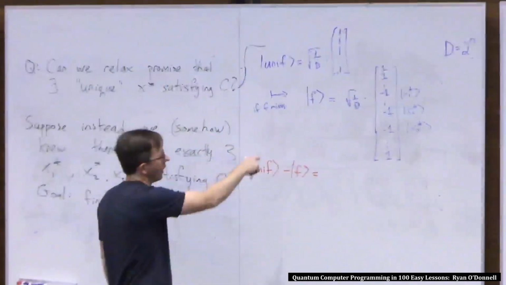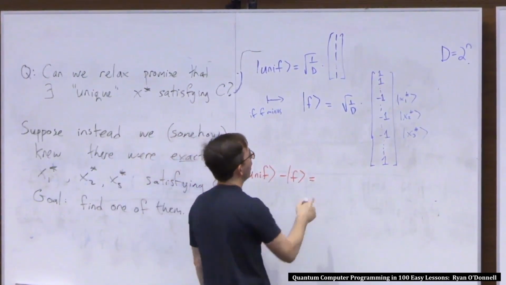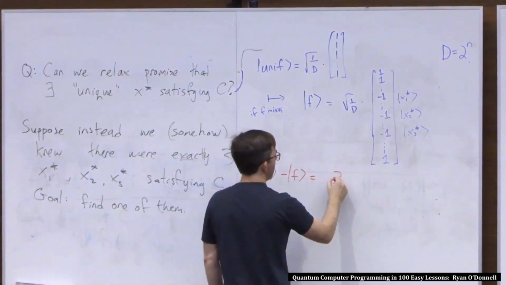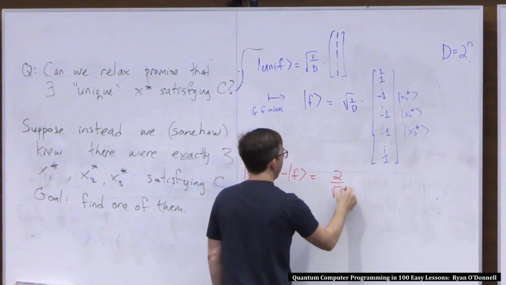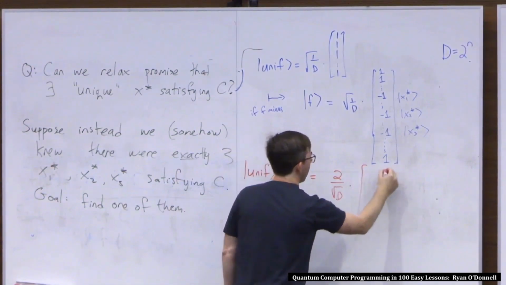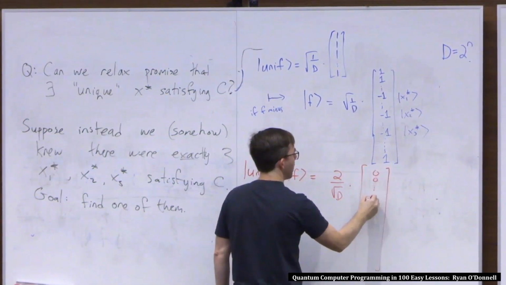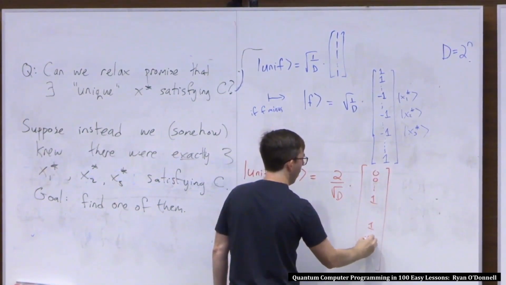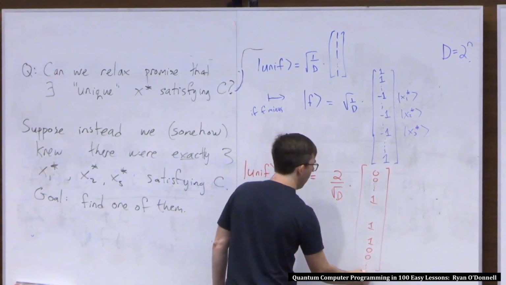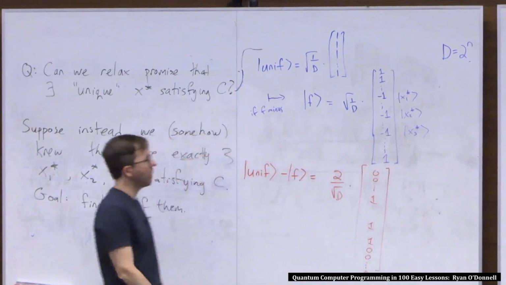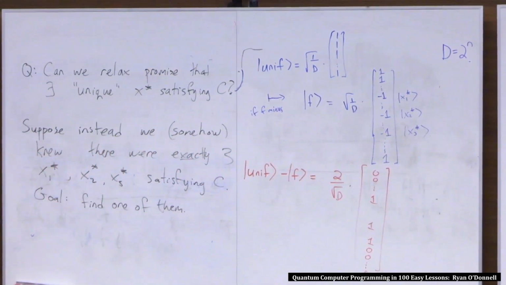Okay, so we're going to get like 3 2s in our vector. So let me factor out the 2. We'll get 2 over square root d times a vector that's almost all 0s, but it has like 3 1s in it. And again, they're in the same slots, x1 star, x2 star, x3 star.